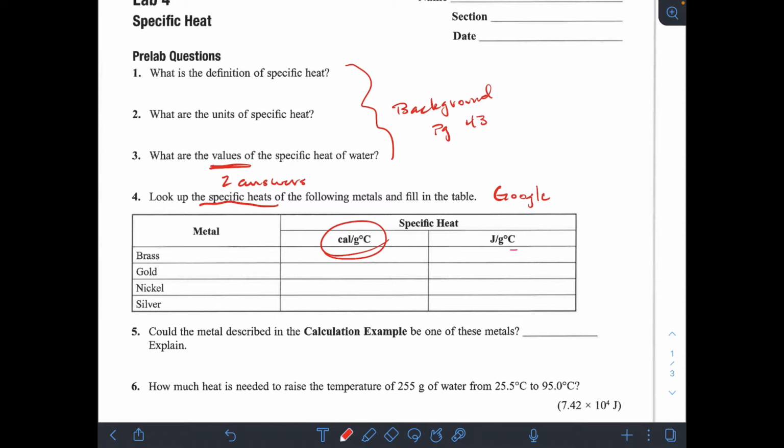Look for joules per gram degrees C, because you'll find all kinds of different units for specific heats of various metals. Then you may have to do your own conversion to get calories per gram, remembering that 1 calorie is 4.184 joules.